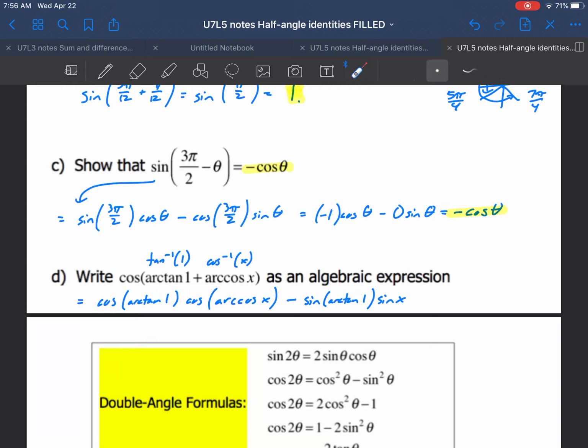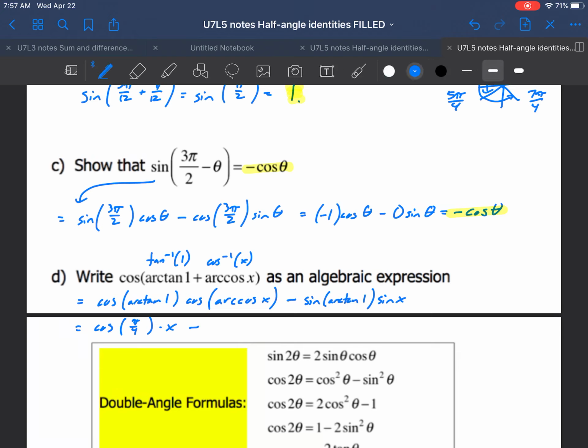Okay, so arctan of 1, right? So let's break this down. Arctan of 1, this is saying what angle has a tangent equal to 1. So I'm going to say that's pi over 4. The cosine of pi over 4 is root 2 over 2. All right? So maybe I should do that in 2 steps. So this is equal to the cosine of pi over 4 times, now here, the cosine of the arc cosine of x, it's just going to be x, minus the sine of arctan of 1.